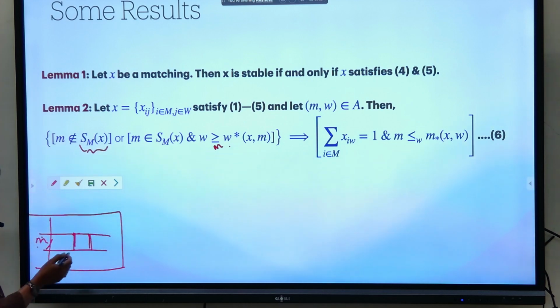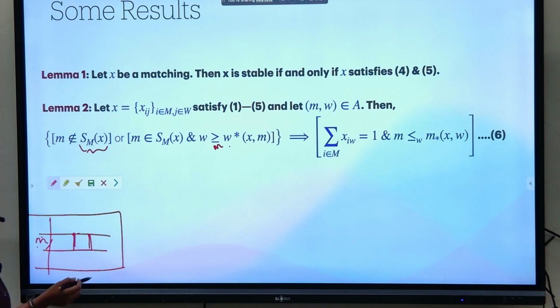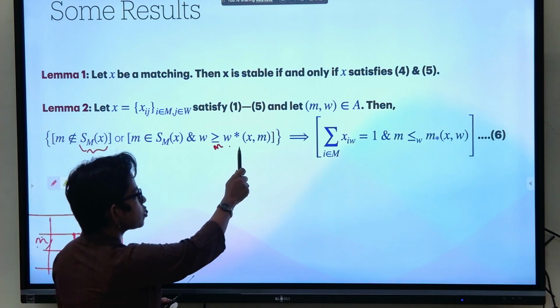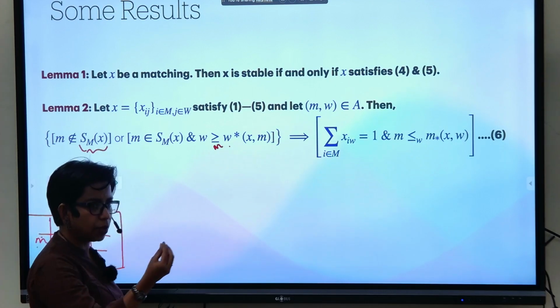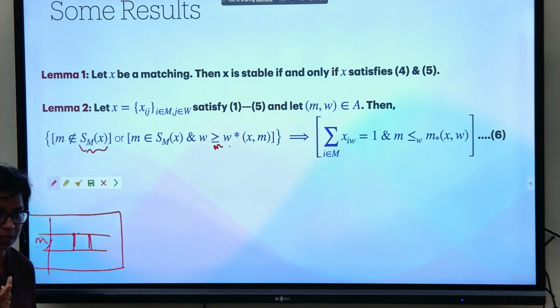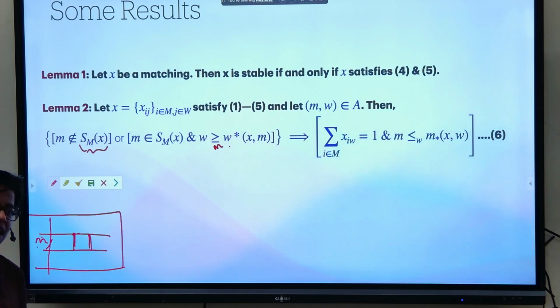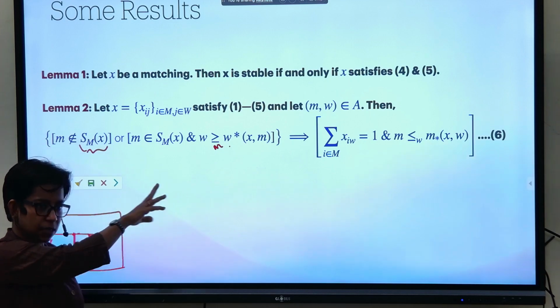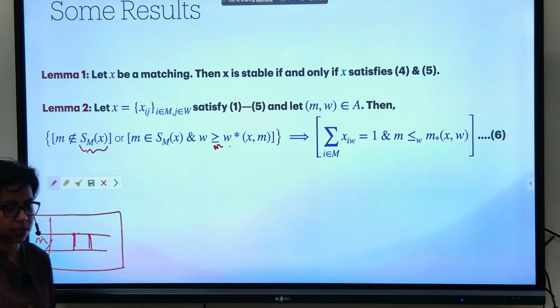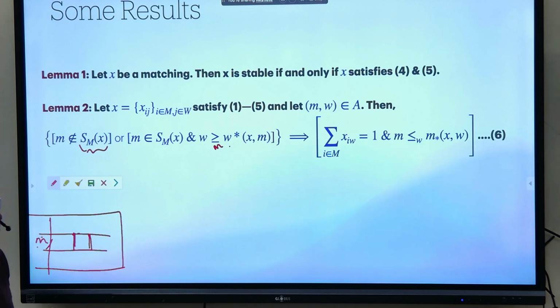The definition loses a bit of value if we only think about integers 0 and 1, because then you only get matched to one person. So there is no meaning in saying, among the people I am matched to, I am ranking whoever I am matched to the first. So this sort of loses value, but still you can parse this condition.